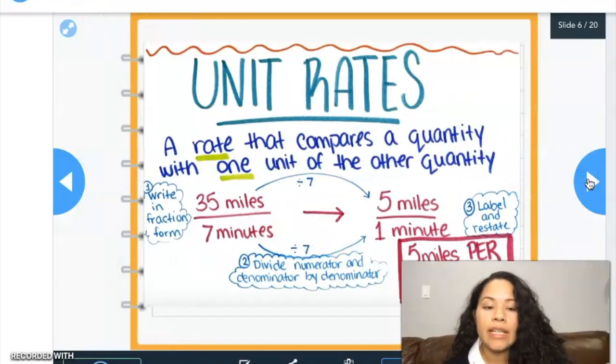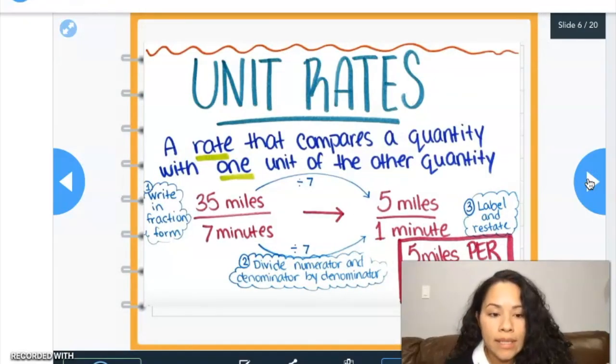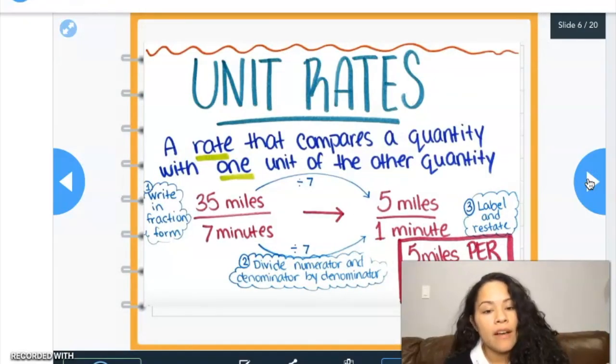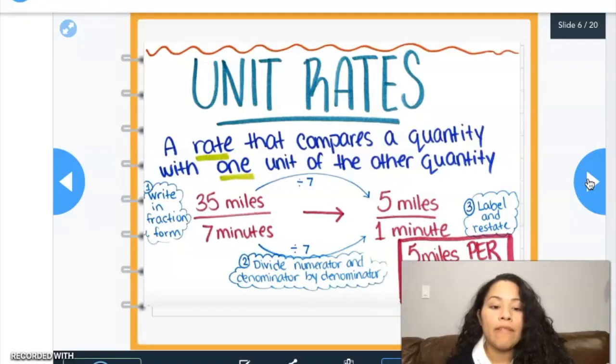So a unit rate is a rate that compares a quantity with 1 unit of the other quantity. We have 35 miles over the span of 7 minutes, but we need to simplify it so that we have only 1 minute. So the 1 unit of the other quantity.